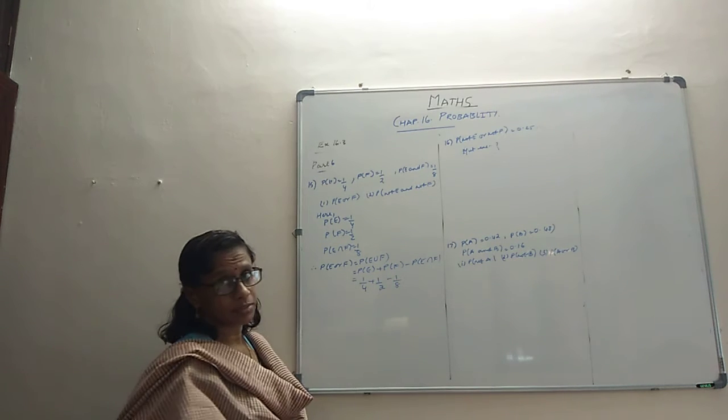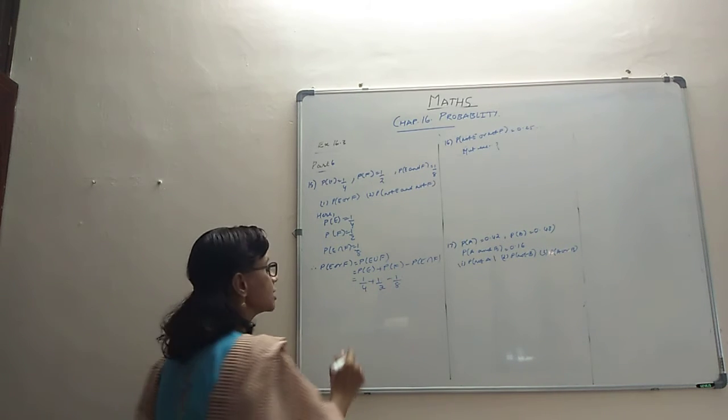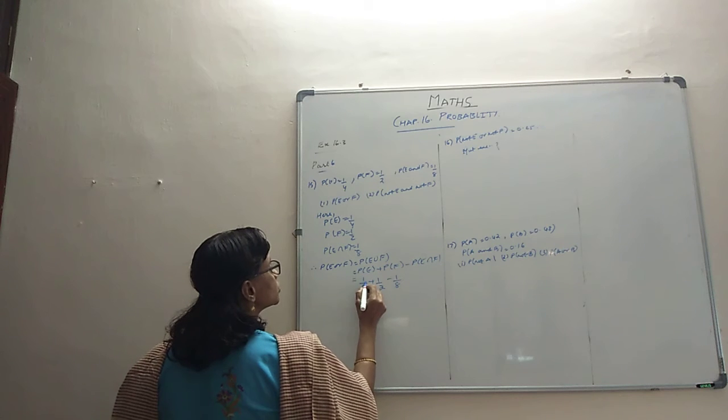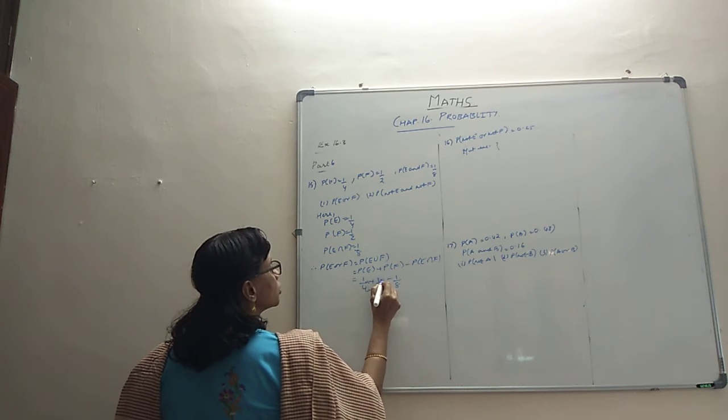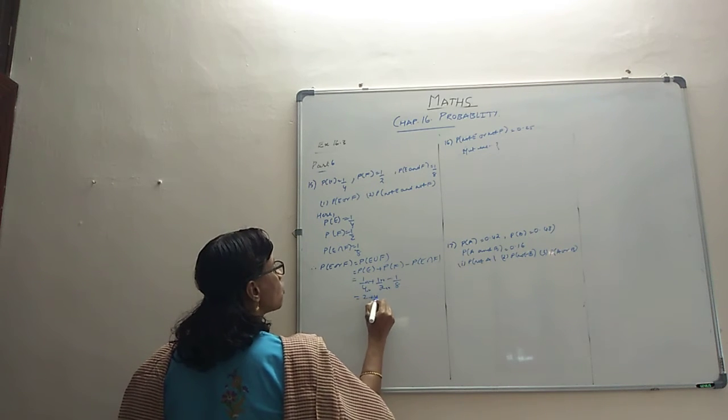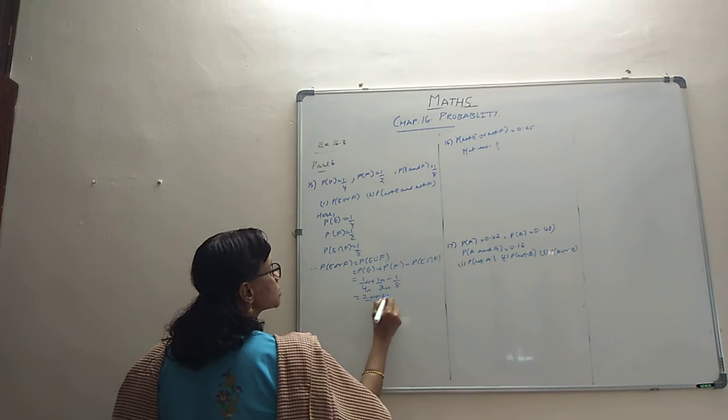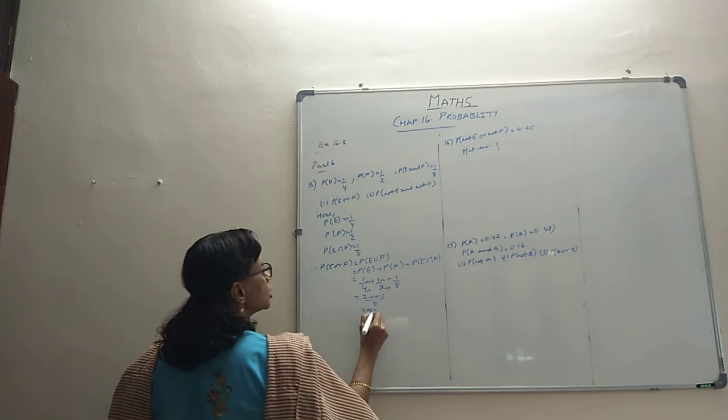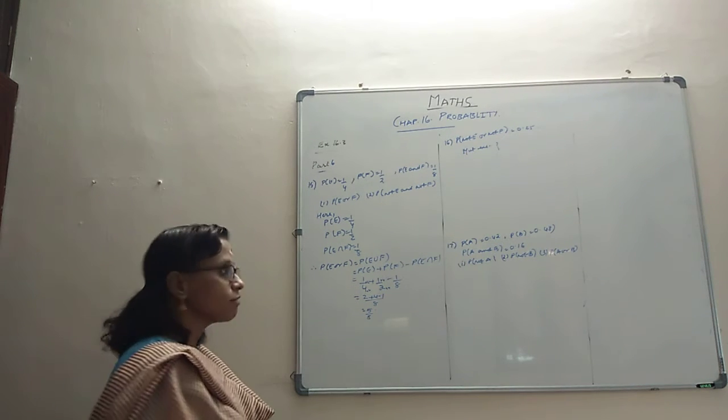We need to get the denominator as 8. So what do we get? 2 plus 4 minus 1 by 8. 6 minus 1, 5 by 8. So probability of E or F is 5 by 8.